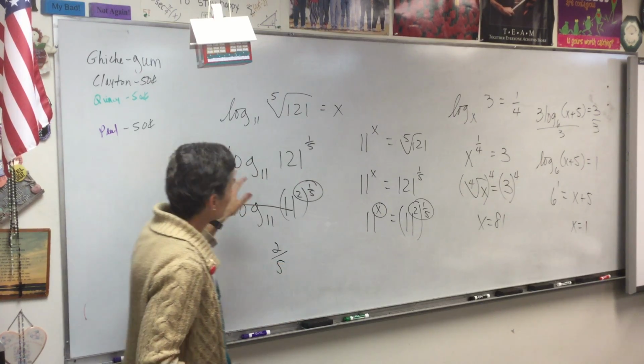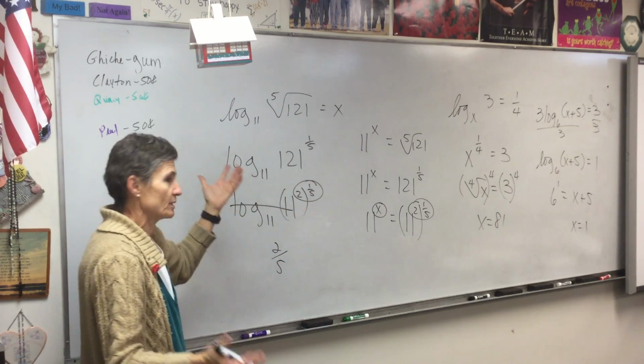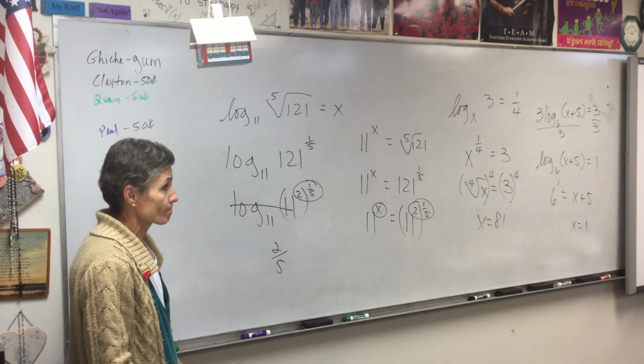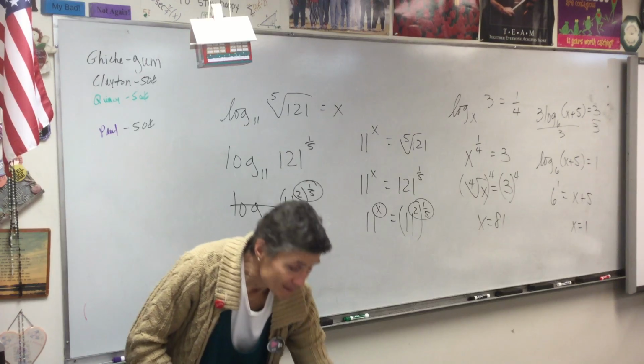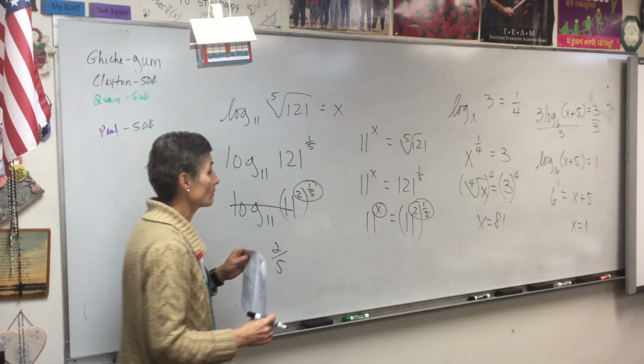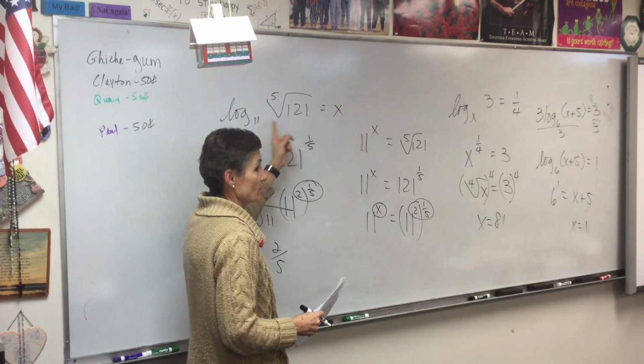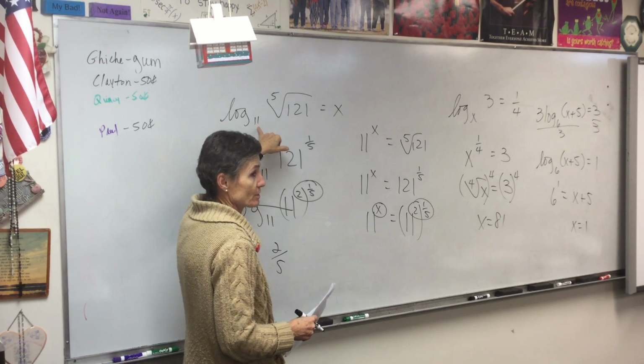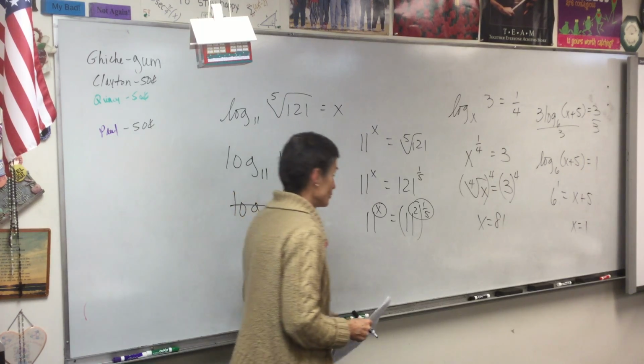So it's two different strategies, but you're really doing the same thing both times, right? That problem is not doable without a calculator if we don't have a special relationship between 11 and 121. If this had been a 13, I would need a calculator to do the problem.